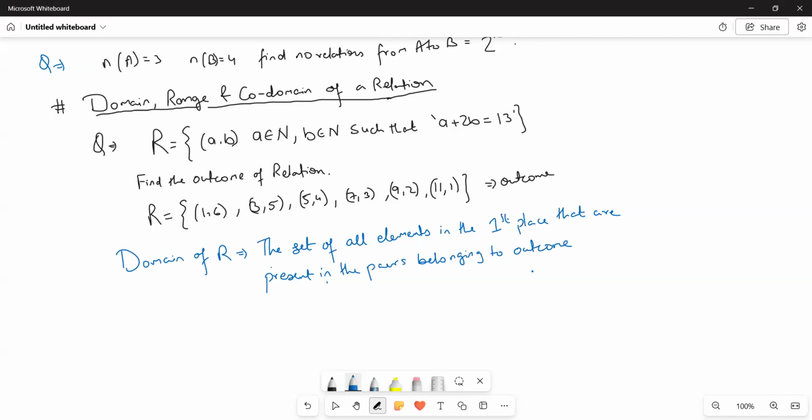The set of elements in the first place that are present in the pairs belonging to the outcome. So in this outcome, what are the elements present in the first place? 1, 3, 5, 7, 9, 11. So the domain of this relation will be the set of numbers 1, 3, 5, 7, 9, 11.